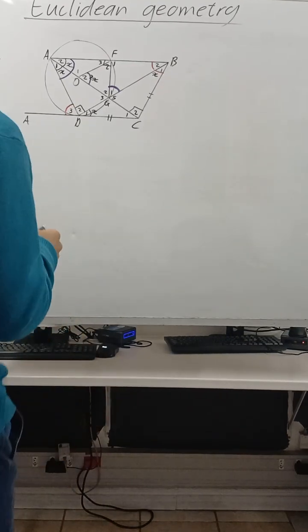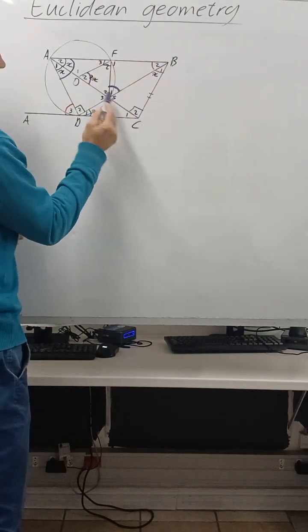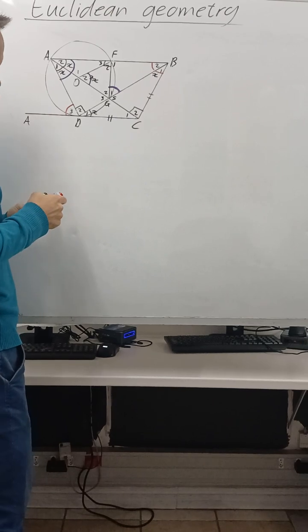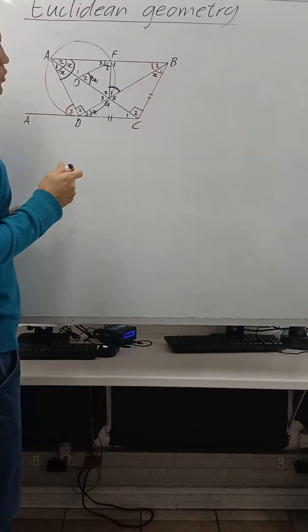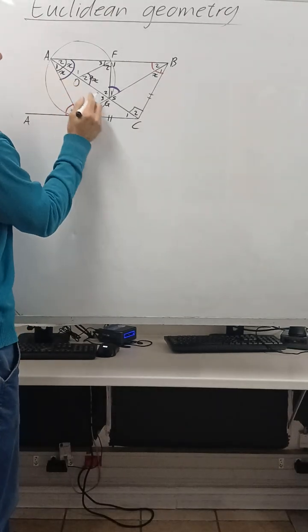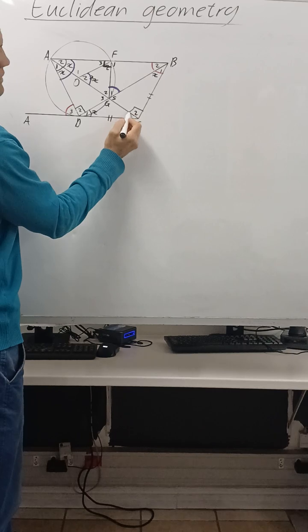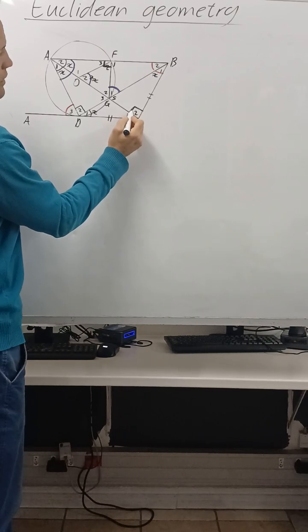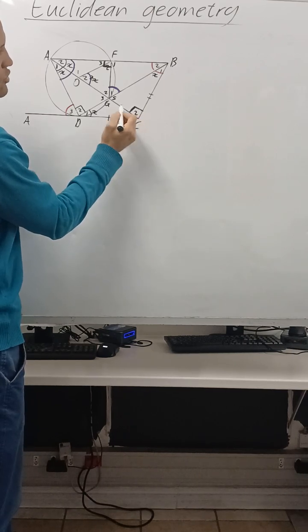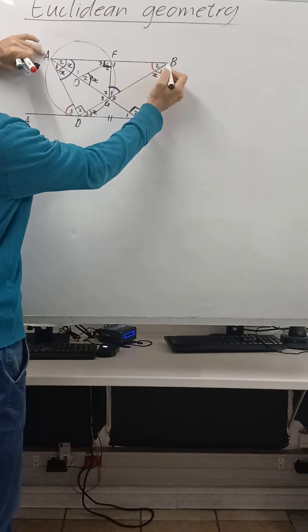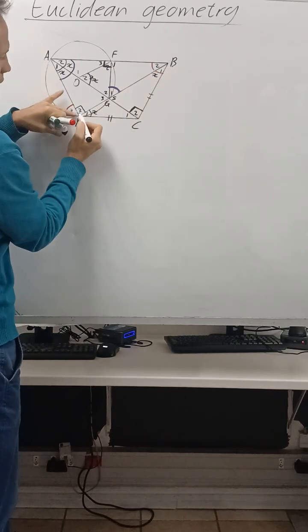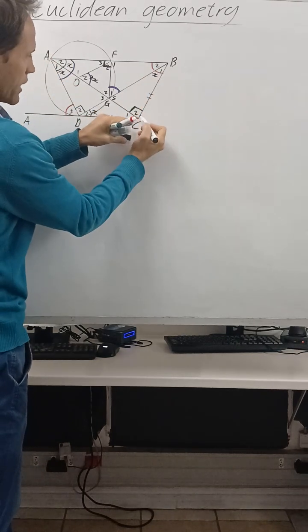Right, so now we have to show that FBCG is a cyclic quadrilateral. So it's kind of straightforward, this one. We already know that AG is a diameter, which means this angle is 90. And then this angle must be 90. We already saw it earlier when we said AB is a chord which goes this way, 90, and it goes that way, 90.